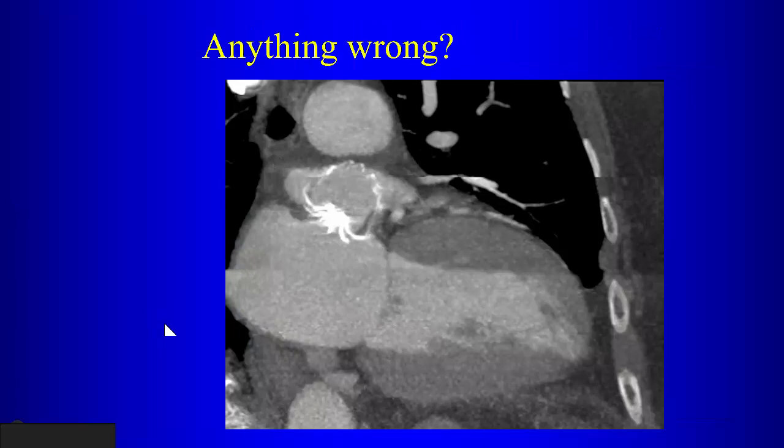Anything wrong here? There's contrast in the left atrial appendage, right? That means there is leakage of contrast around the Watchman into the left atrial appendage. So do they have to redo the procedure? Is this important?